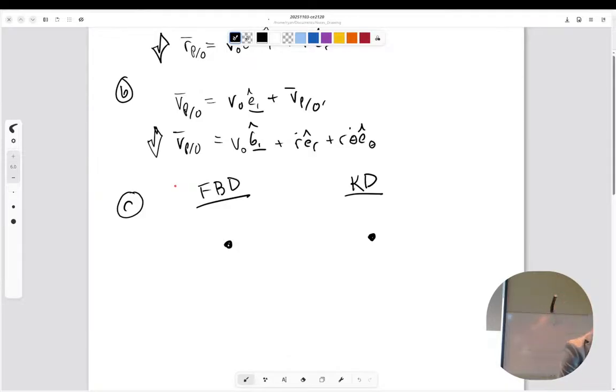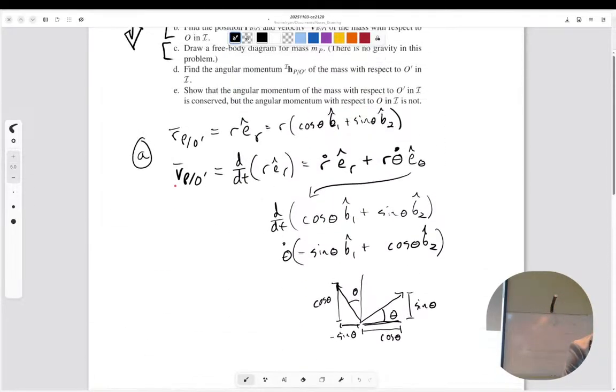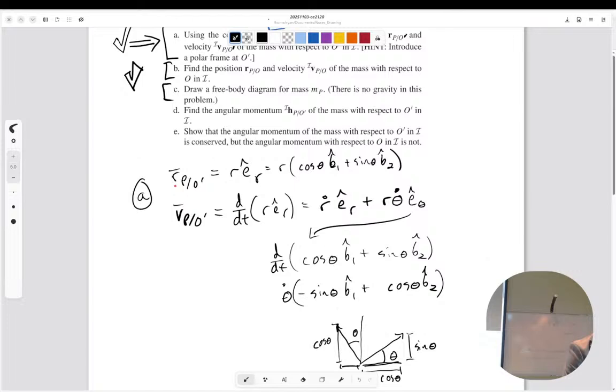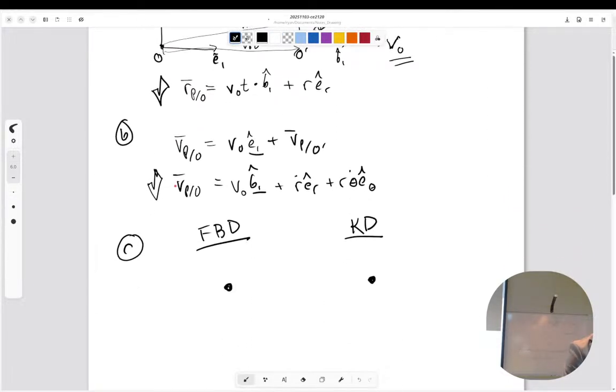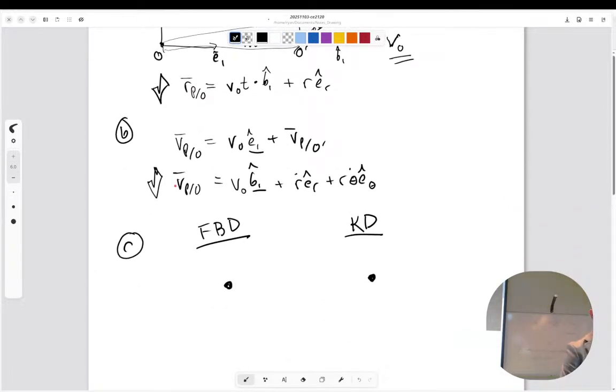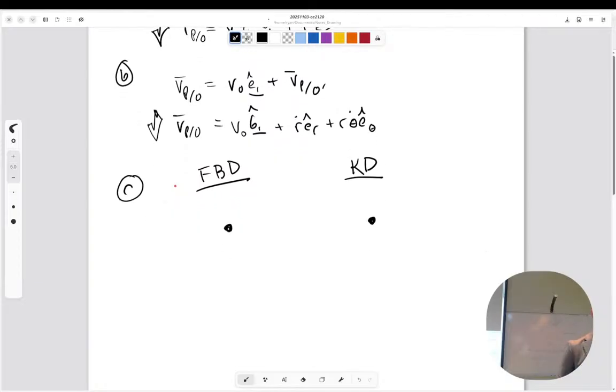You're not asked for a kinetic diagram, but I want you to try drawing that anyway. See what you think. Because we looked at velocity, so what is that change? What is the change in velocity here?